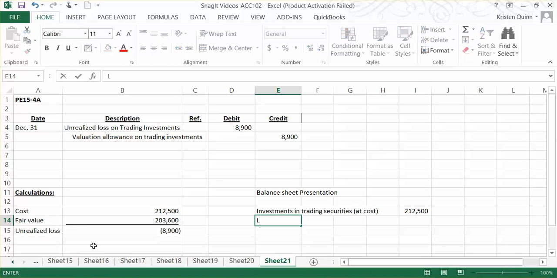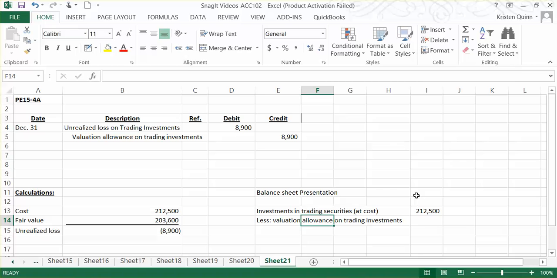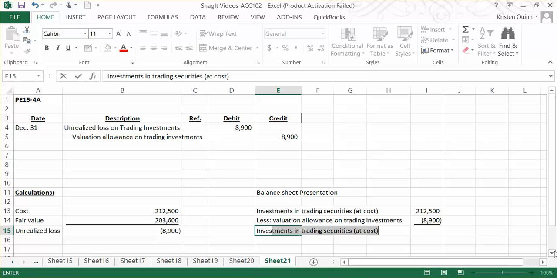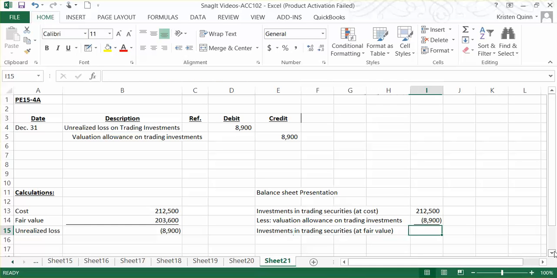It's gone down, so we'd have less our valuation allowance on trading investments or securities of the 8,900 to show our investments in our trading securities at fair value of the 203,600.